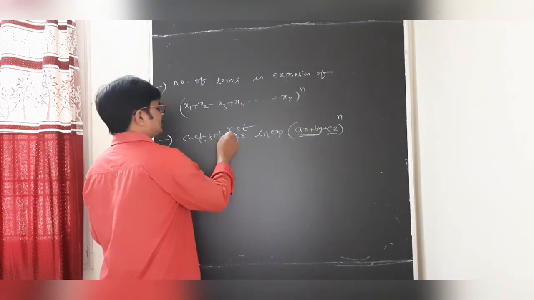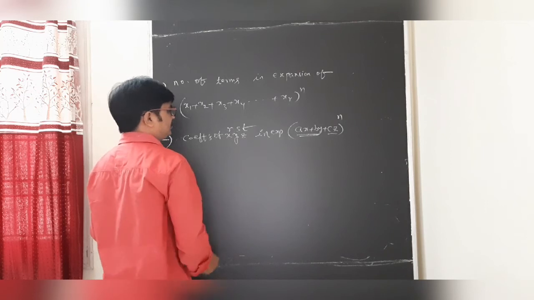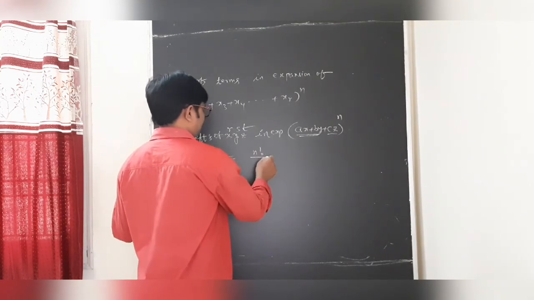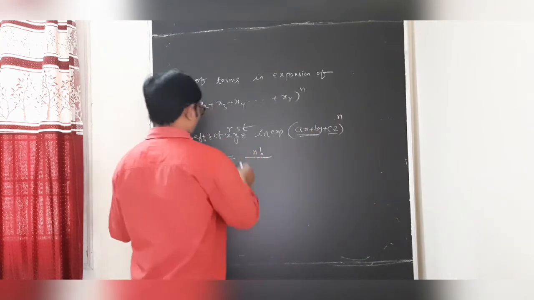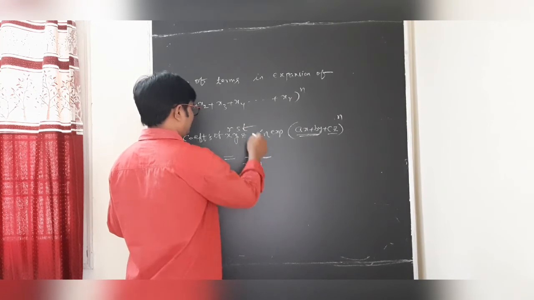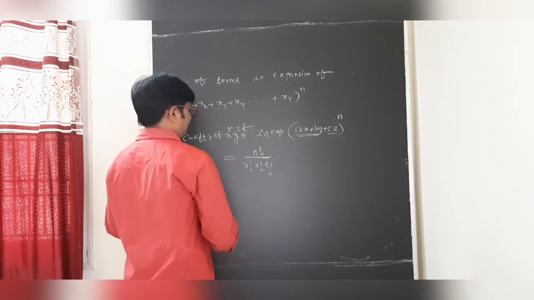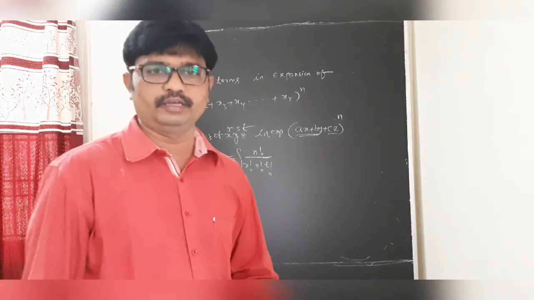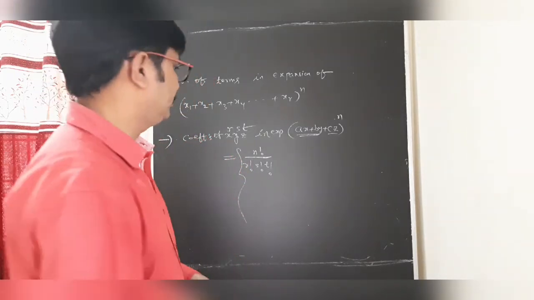So the coefficient of x power r, y power s, z power t in the expansion is, students, n factorial by r factorial into s factorial into t factorial.